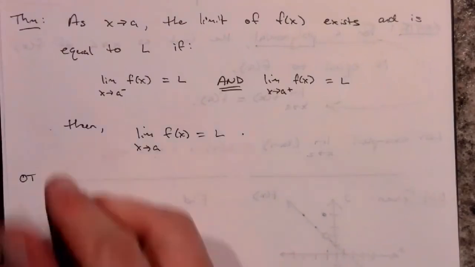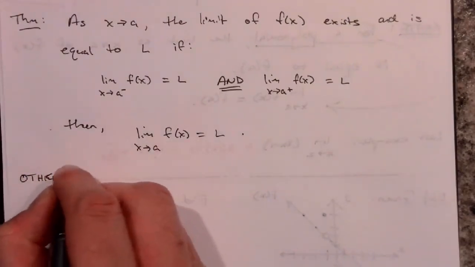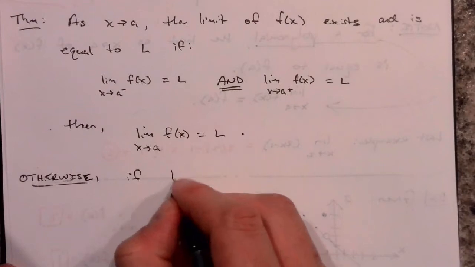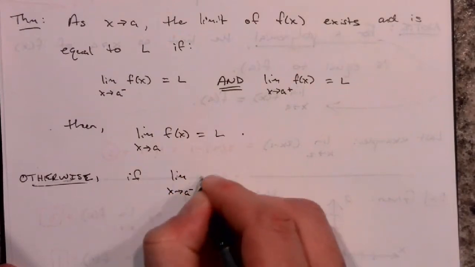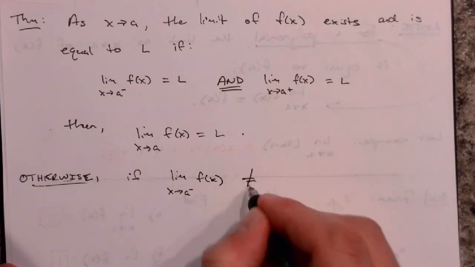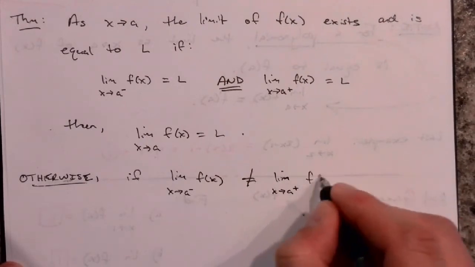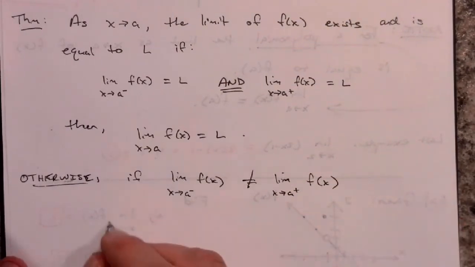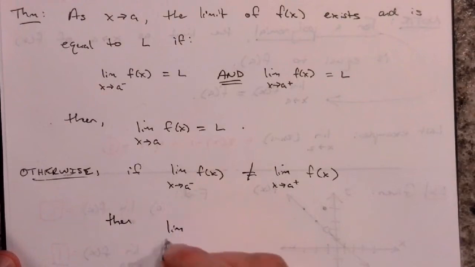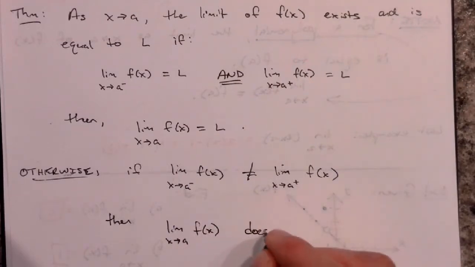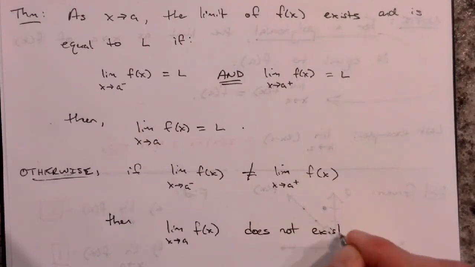So we say otherwise, if the limit as x approaches a from the negative side of f of x does not equal the limit as x approaches a from the positive side of f of x, then the limit as x approaches a, so if they're not the same coming from the left and the right, if they're going to different values, then we say the limit as x approaches a of f of x does not exist.